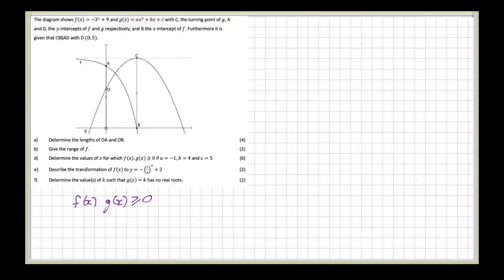I am now going to analyze f by using red and g by using green. If I look at f, I'm going in red. Okay, that is my exponential graph.